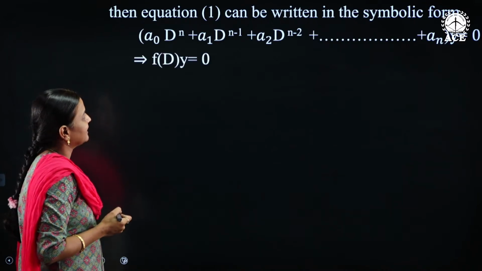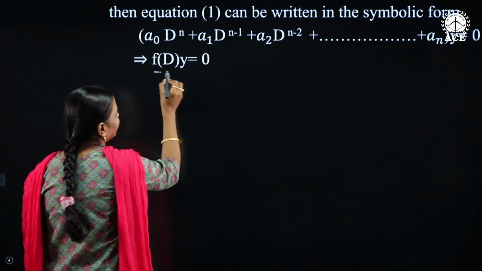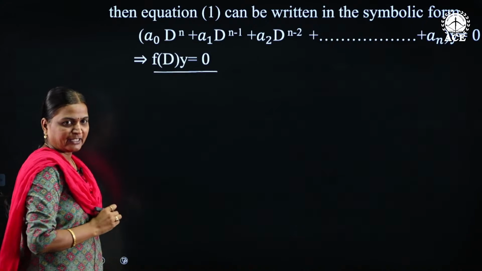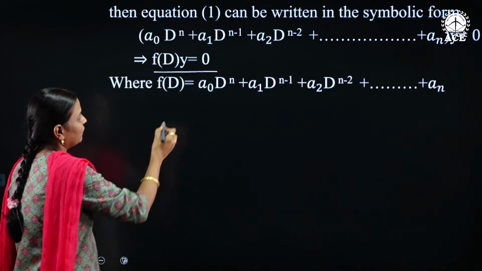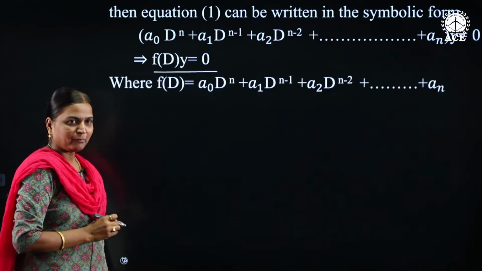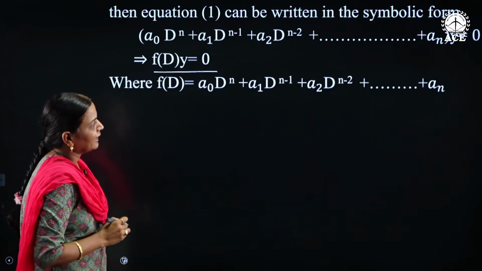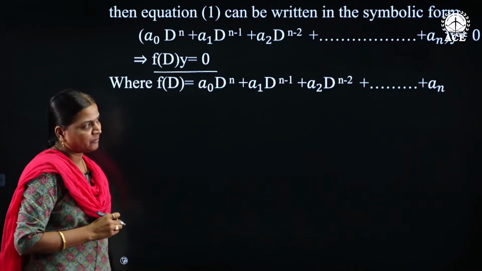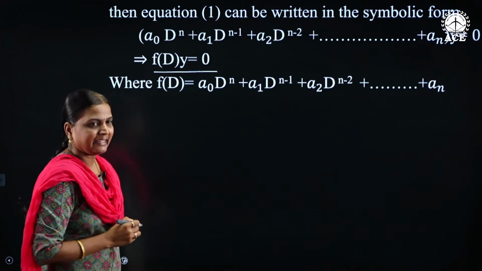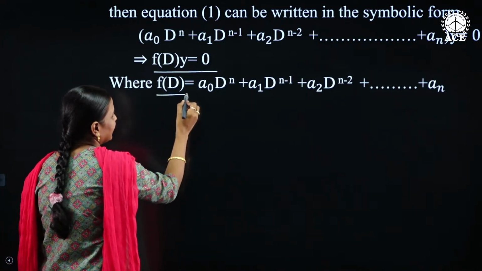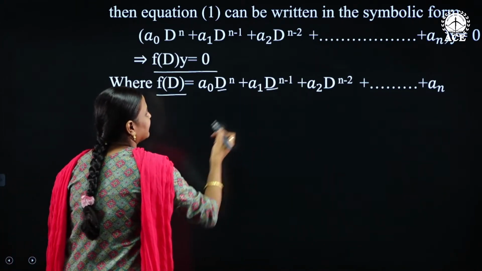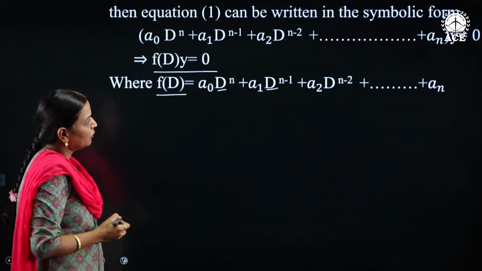Simply, we write this equation as f of D into y is equal to 0, where f of D is a0 D power n plus a1 D power n minus 1 plus a2 D power n minus 2 and so on plus an. So this f of D is a polynomial in D.